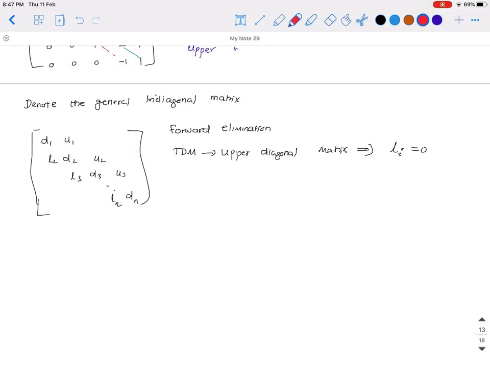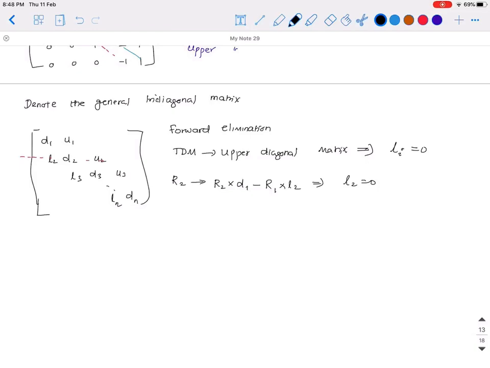If we take just row number 2, and multiply the elements of the second row by D1 and subtract the values of the first row multiplied by L2, then you will get L2 to be 0. This is how Gauss elimination goes.